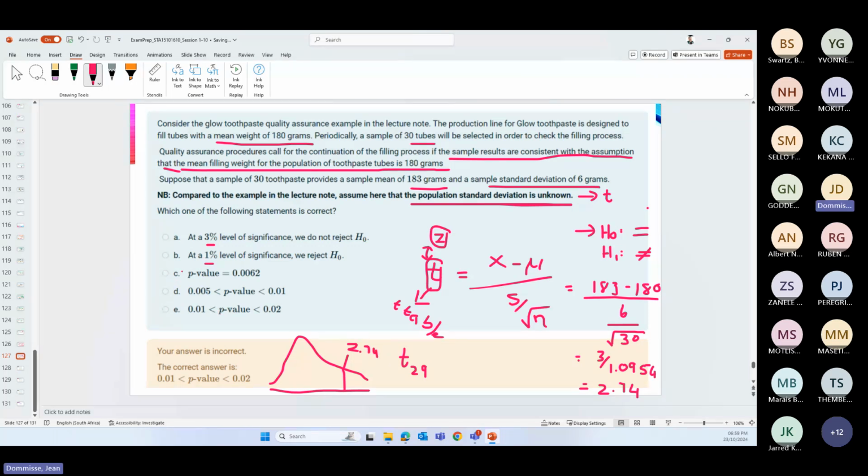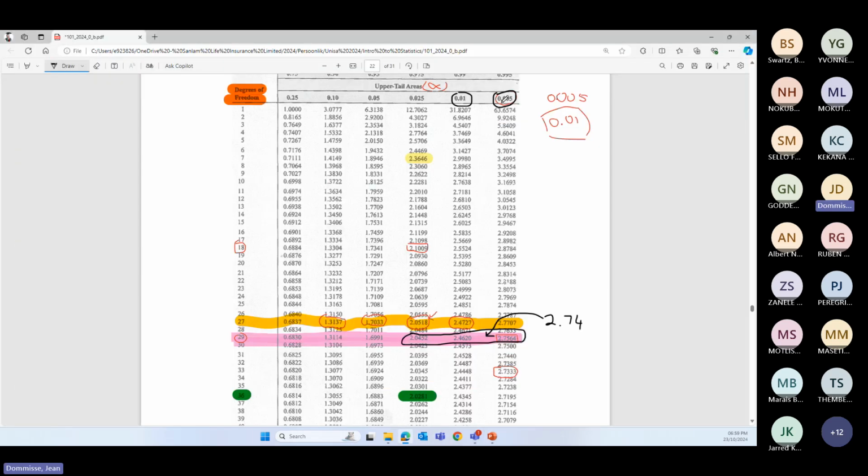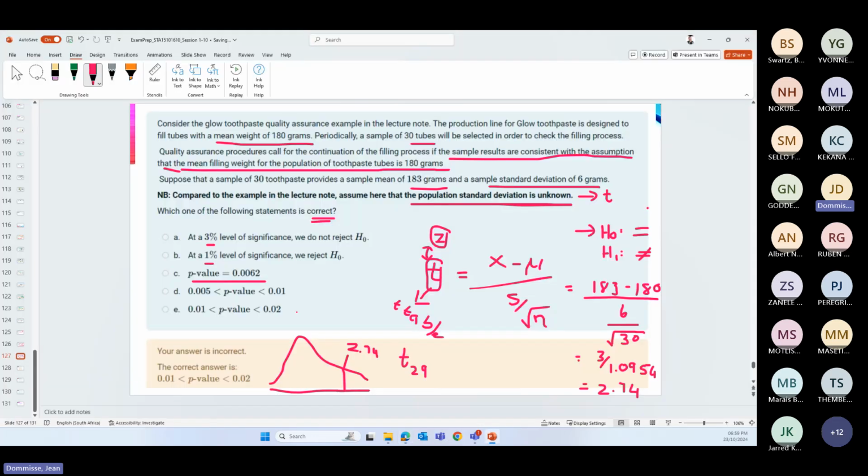It's very difficult to actually get the p-value of that. They want the correct one. So how do we get the p-value if we have this? I just know it is in between those two numbers. If you went and checked the Z table, that would have been your p-value.